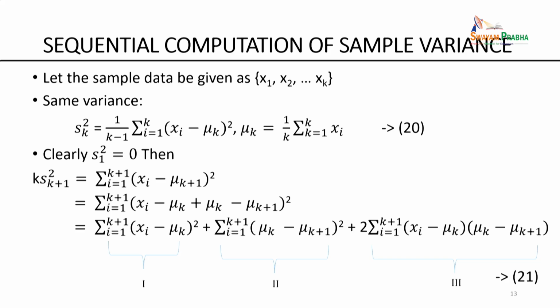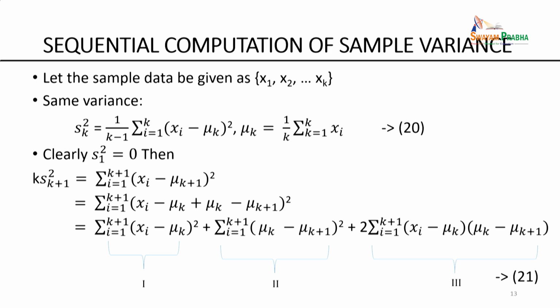Now, there is another aspect of computation in basic statistics: sample variance. We all know how to compute the sample variance if you are given k observations. Now I'm going to rewrite the computation of the variance using the sequential method.